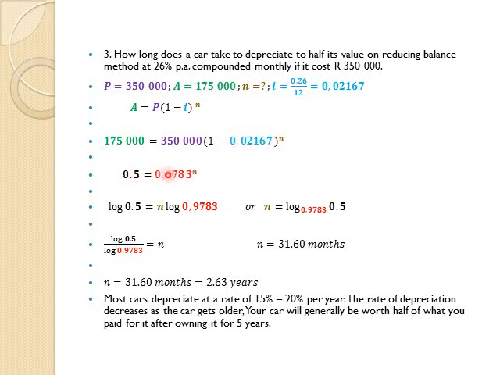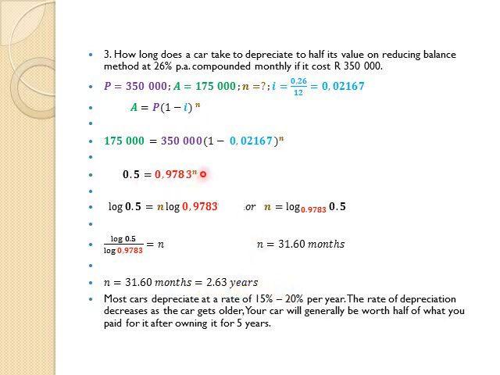Right, because I can't make the bases the same, introduce log on both sides, so I say log 0.5, log 0.9783, and then I move n to the front. So log 0.5 divided by log 0.9783, n then equals 31.60 months, or 2.63 years.